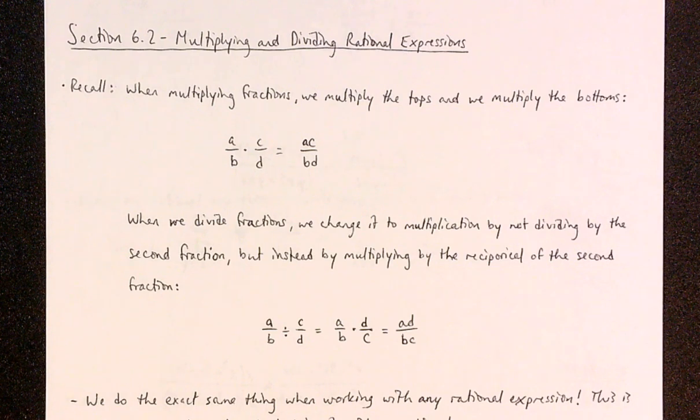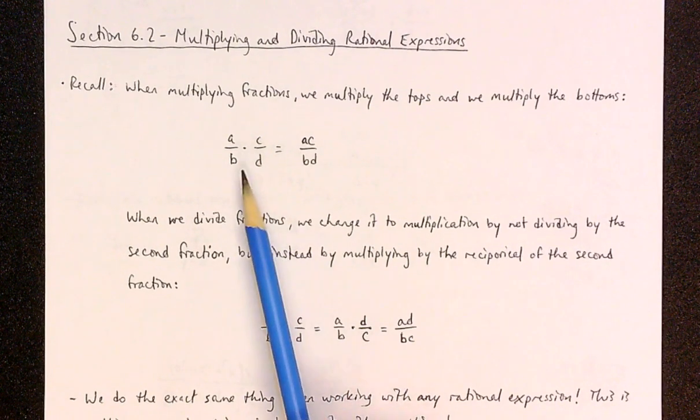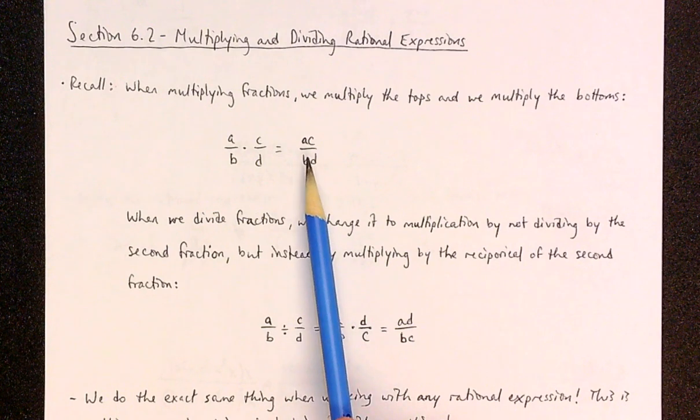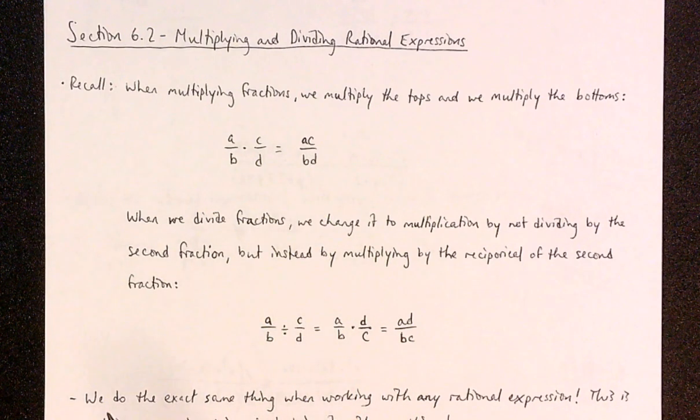Well, as sort of a quick recap, when we just had fractions and we just had numbers, we multiplied fractions by multiplying the tops and multiplying the bottoms. And when it came to dividing fractions, what we would do is we would take the second fraction, flip it, and that would change the division into multiplication, and then we'd multiply the tops and the bottoms there.